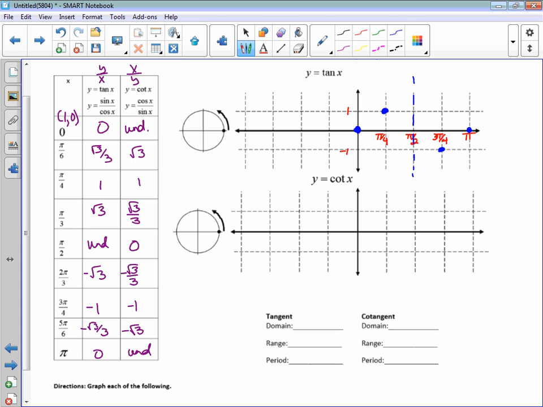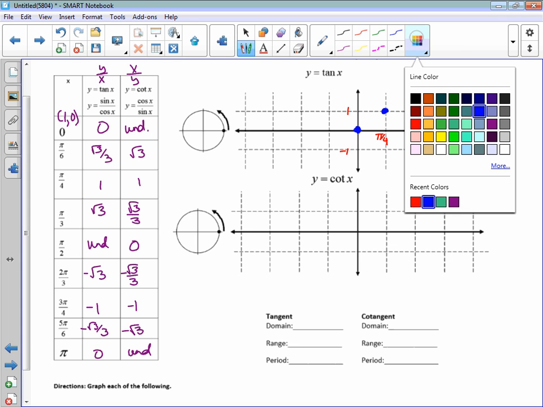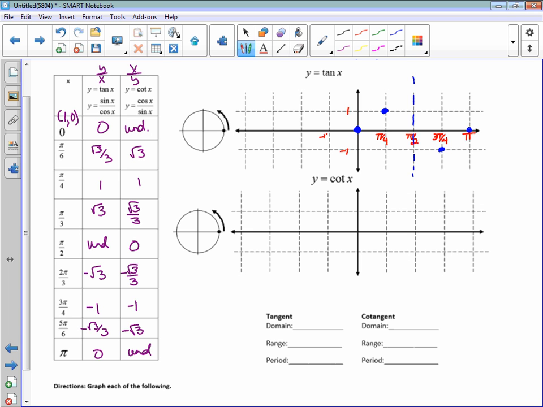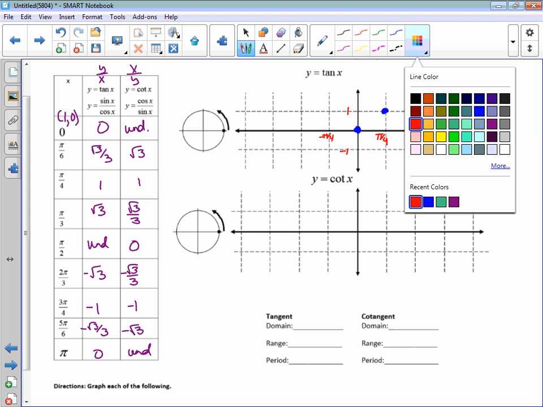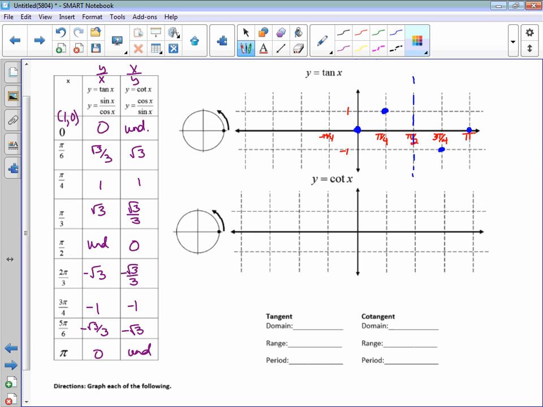We need a little bit more for our graph. So let's think about the pattern here. It looks like asymptote, 1, 0. What do you think is coming next? Or negative 1, okay? Think about it if we go to negative pi over 4 on your circle. What is the tangent of negative pi over 4? Negative 1, yeah.